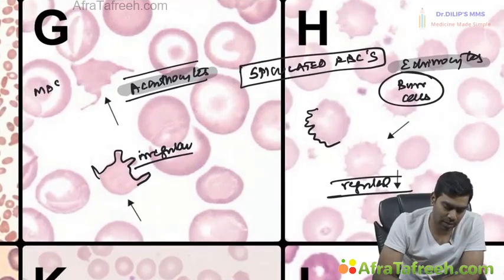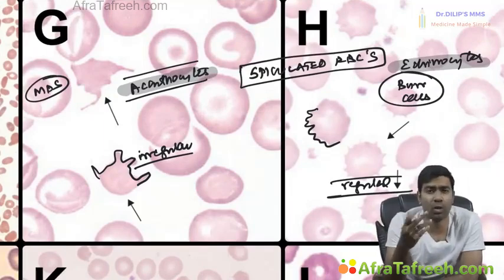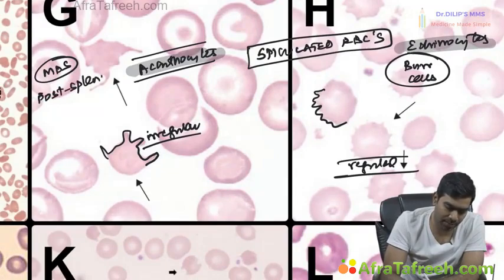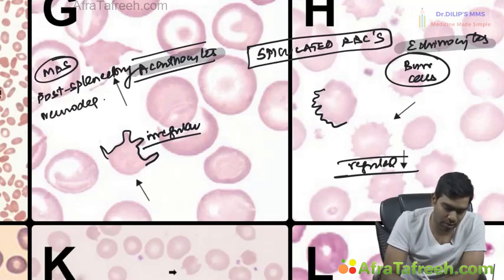Typically you can see it in myelodysplastic syndrome, even though acanthocytes and echinocytes may coexist with each other, which is a very important thing to understand. MDS. Then post splenectomy you can see acanthocytes, and you can see them in many neurodegenerative disorders.